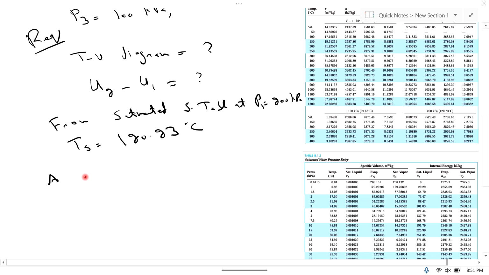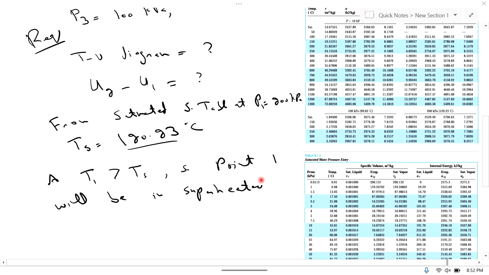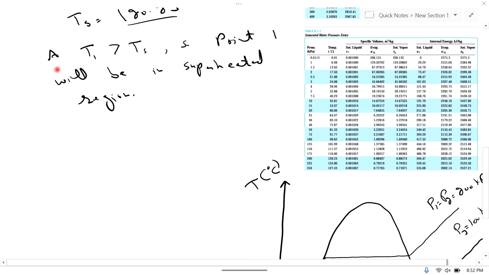So T1 is greater than Ts, 300 is greater than 120.23. So point 1 will be in the superheated region.